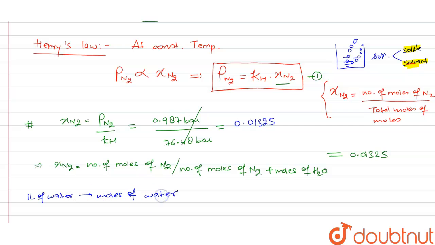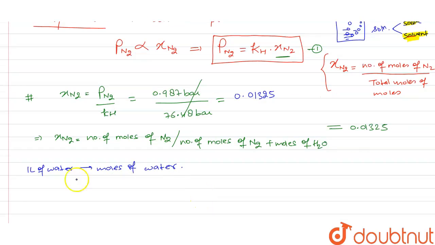So this is going to be very interesting, how we are going to convert it. We know that the density of water is 1 kg per liter, or you can say 1000 gram per liter.